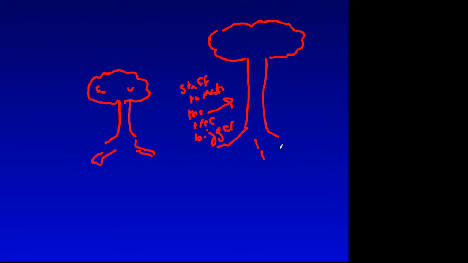And I hope that because I'm talking about chemistry, there's going to be some chemistry involved, right? There's some chemical reactions. But we still need stuff to make the tree bigger. It doesn't magic mass out of nowhere. It has to take mass from somewhere and build it into a tree structure.